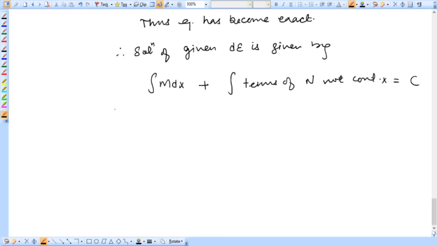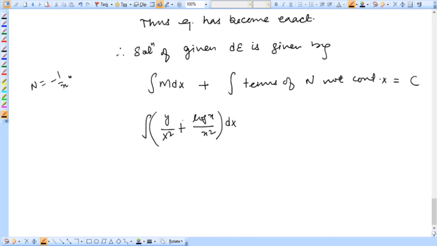So M here is, we are going to write the new M, which has been obtained after multiplication with the integrating factor. The new M here is y over x square plus log x over x square dx, and N here was minus 1 over x.